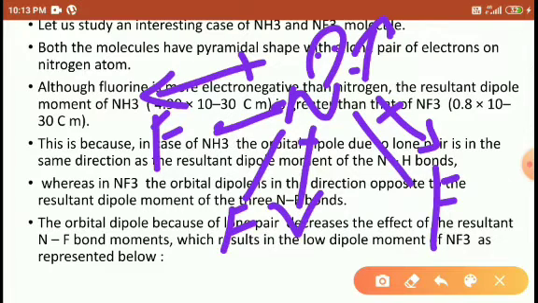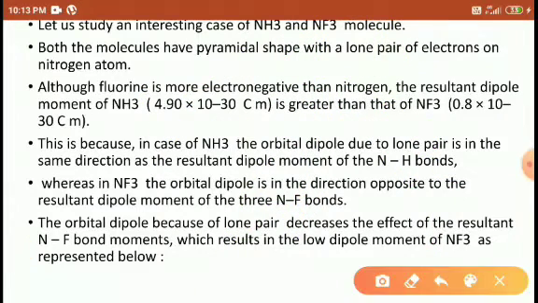So the dipole moment of the lone pair on nitrogen and the dipole moment of the nitrogen-fluorine bonds are in opposite directions, and that's why the resultant moment of NF3 is only 0.8 times 10 to the power of minus 30.